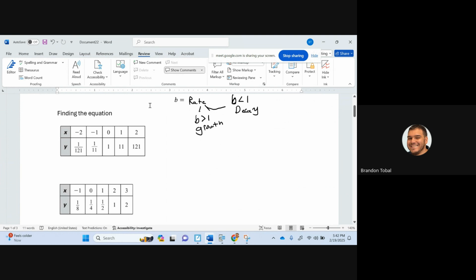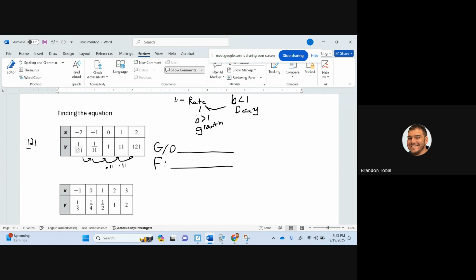On a question like this with the table, you're going to do two things for me. First, you're going to tell me if it's a growth or decay. And then you're going to tell me what is the formula or the function of the situation. So first, we have to figure out if it's a growth or decay. From each number, as I go left to right, looks like I'm doing times 11. Let's say you did not realize this times 11. You could always go backwards.